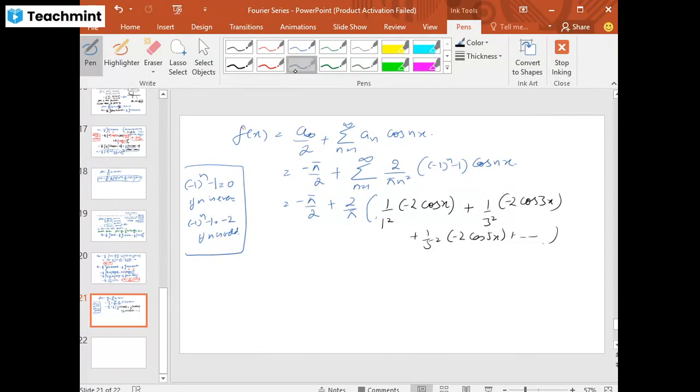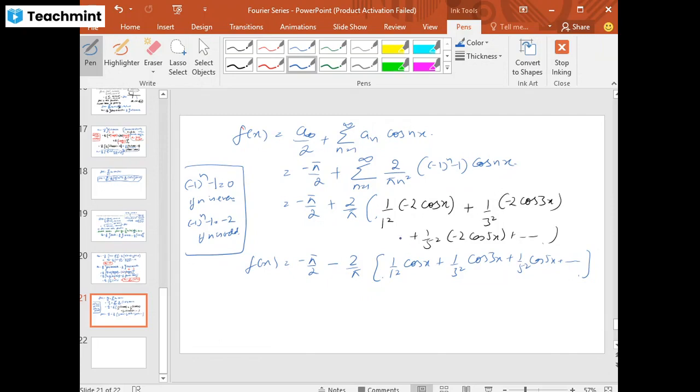So in other words, I can write f of x equal to minus pi by 2 minus 2 upon pi times 1 upon 1 square cos x plus 1 upon 3 square cos 3x plus 1 upon 5 square cos 5x and so on. So this is the Fourier series of the function f of x, which is basically the cosine series.